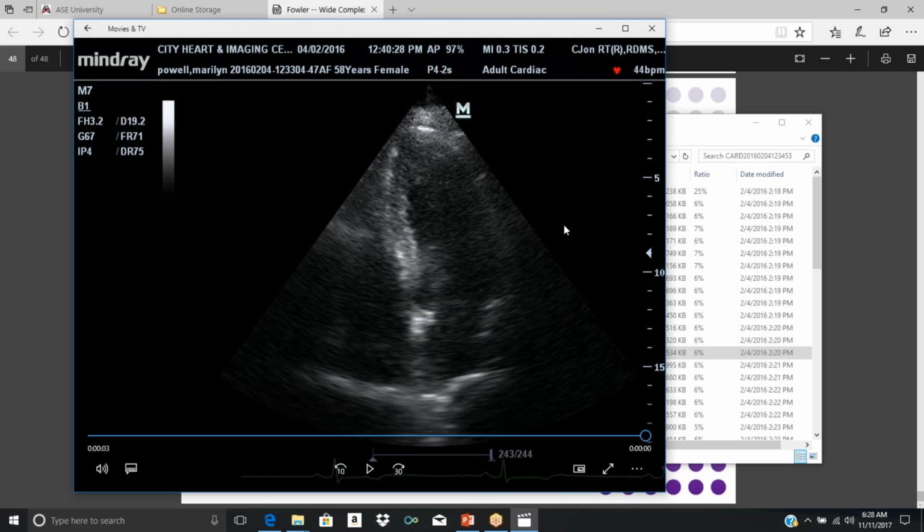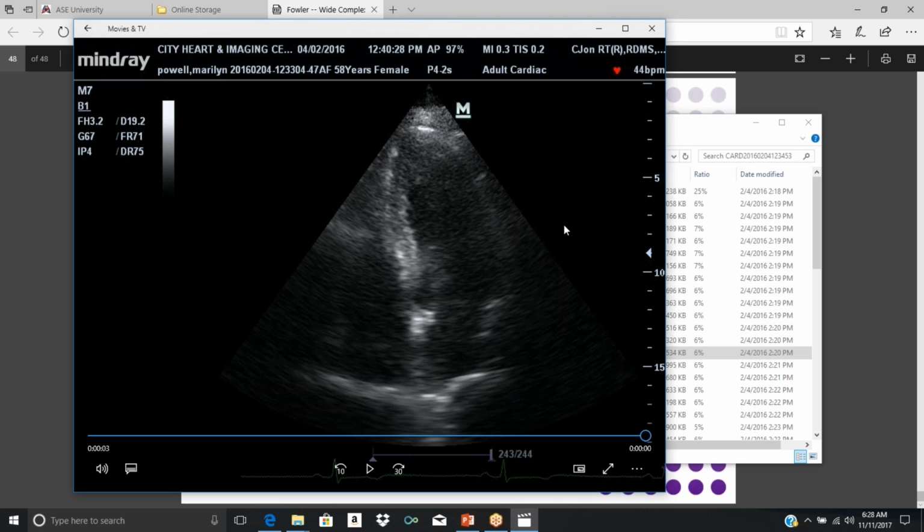So to get your apical 4-chamber view, the transducer, the probe, is positioned at the 4 or 5 o'clock position. So the probe is positioned at the apex, and the apex is usually at the mid-clavicular line, the 5th intercostal space.